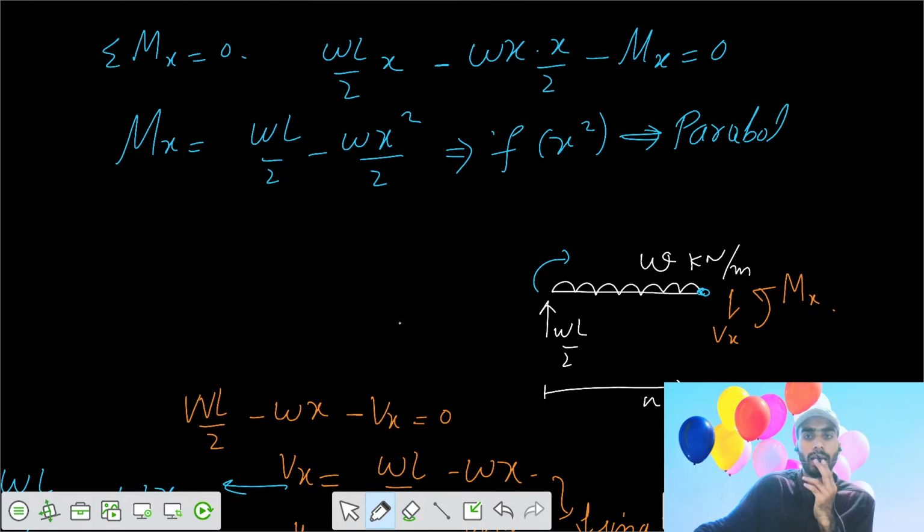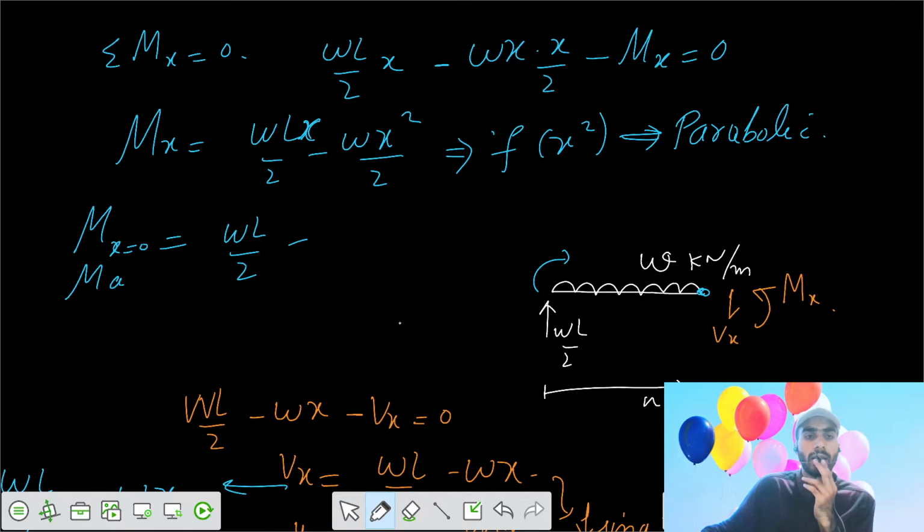Parabolic variation. So let's say we want to calculate the moment at x equals 0, that's the moment at A. That equals WLx by 2 minus Wx squared by 2. It's a function of x squared; the maximum power is x squared.